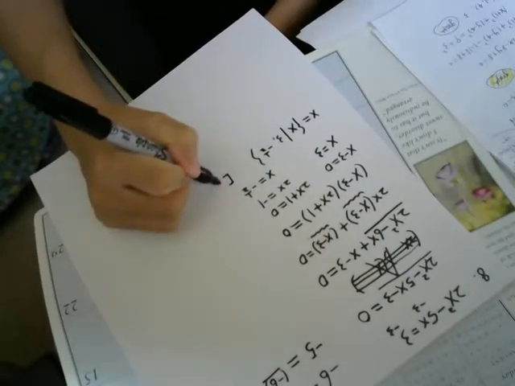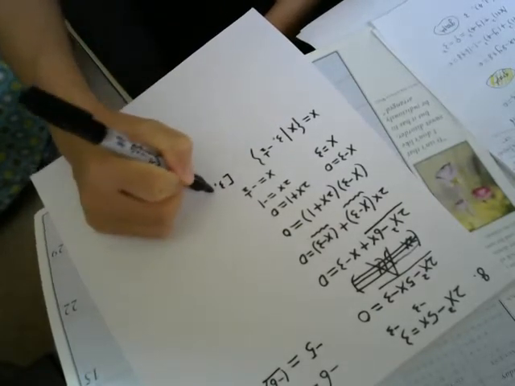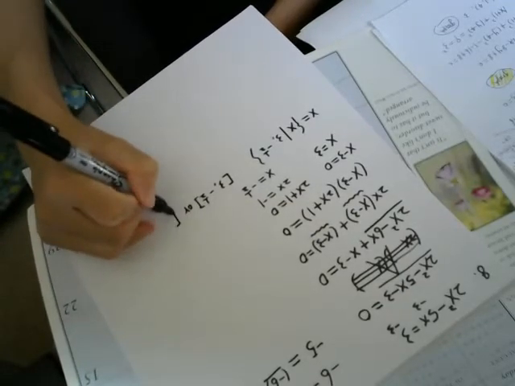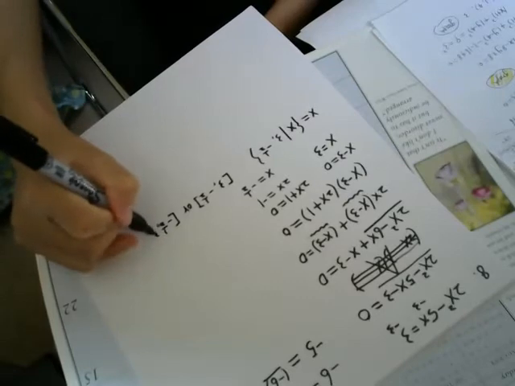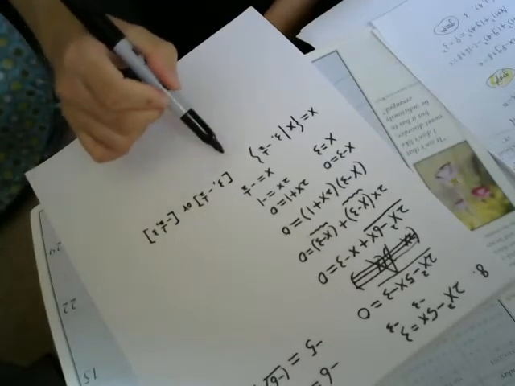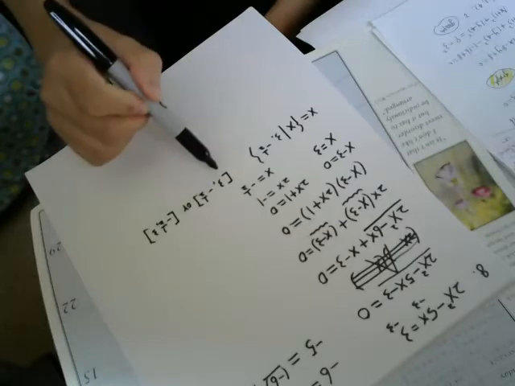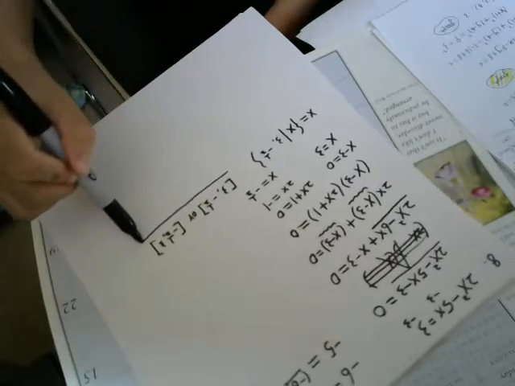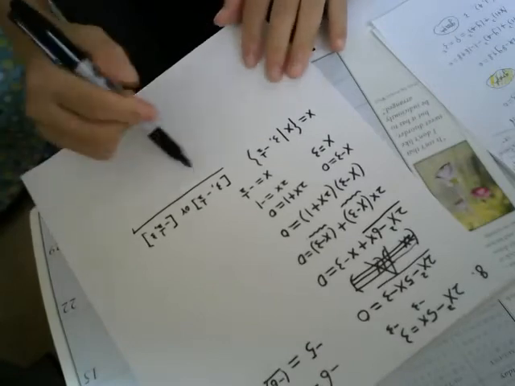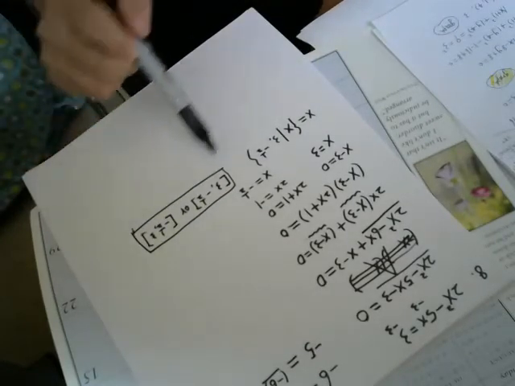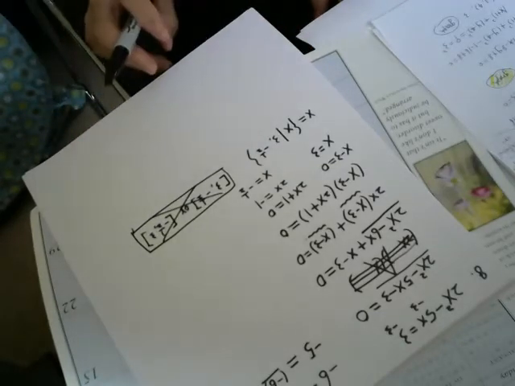Some students used 3, negative 1 half, or negative 1 half, 3, but for set notation, we will not use these brackets because this will be confused with the interval notation. So not this bracket, okay?